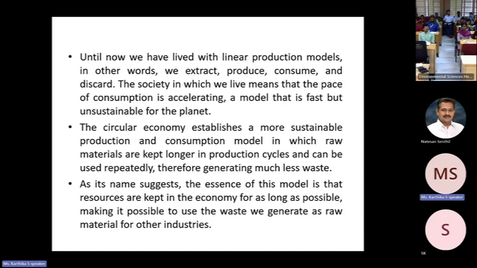As its name suggests, the essence of this model is that resources are kept in the economy for as long as possible, making it possible to use the waste we generate as raw material for other industries or other products. Industry one uses the raw material, produces the product, and gives waste material.